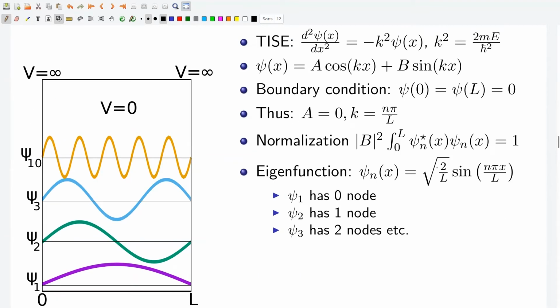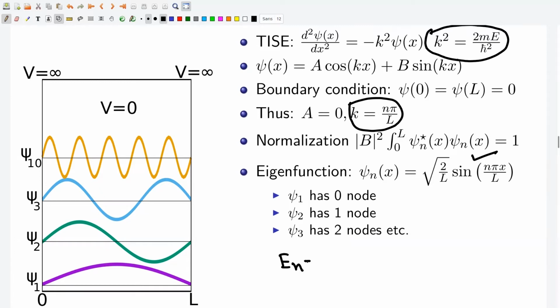We have solved for the eigenfunctions, and we know that k square is given by this, and the values of k are given by this. So from these two equations, we can solve for the eigenvalues.